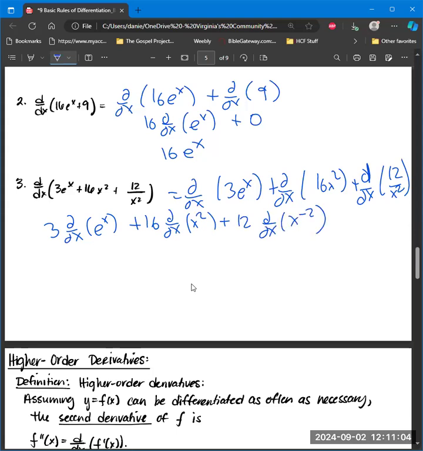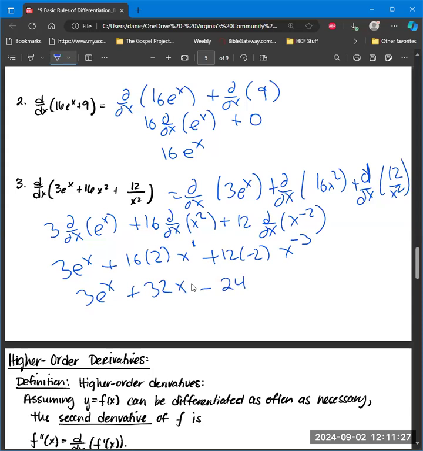I'm going to bring that up there so I can use the power rule with it. So this is 3e to the x plus 16 times 2x to the first plus 12 times negative 2x to the negative third, 3e to the x plus 32x minus 24 over x to the third.